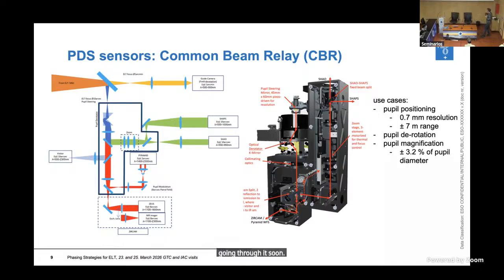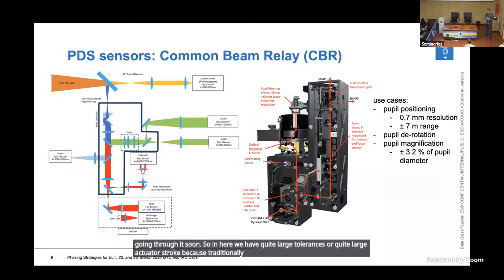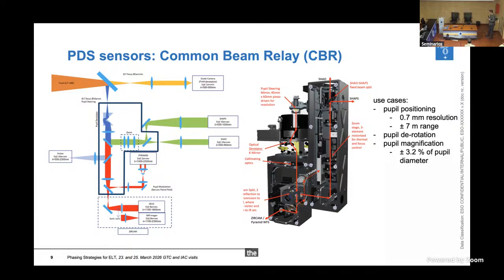Here we have quite large tolerances, or quite large actuator stroke, because commissioning the pupil can be anywhere. Though high resolution, so the resolution needs to be way smaller than the tolerance in the overall registration budget.